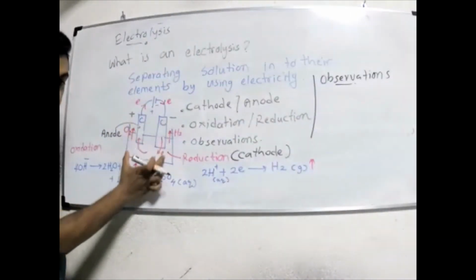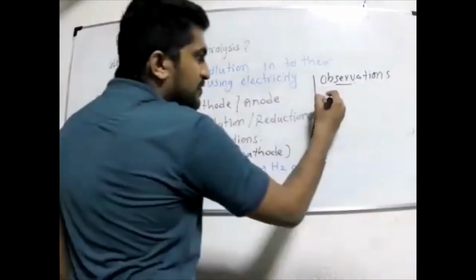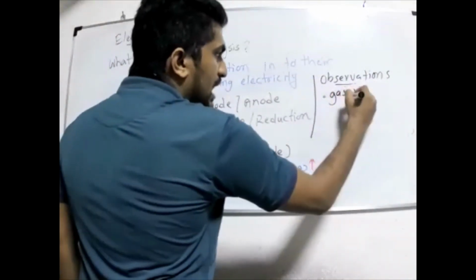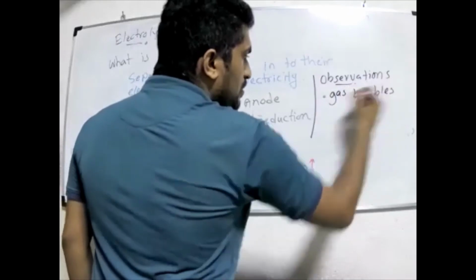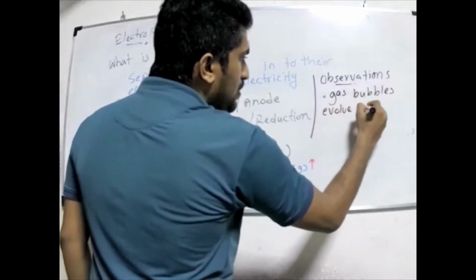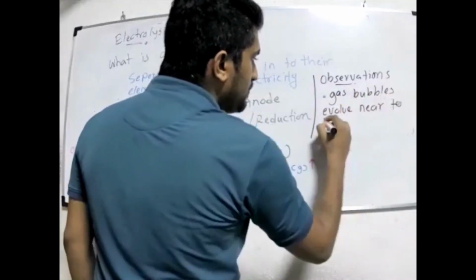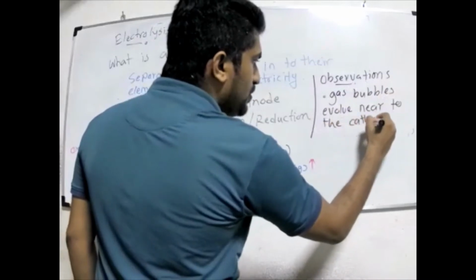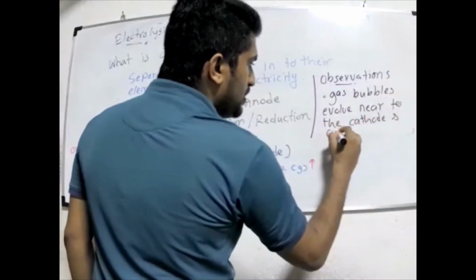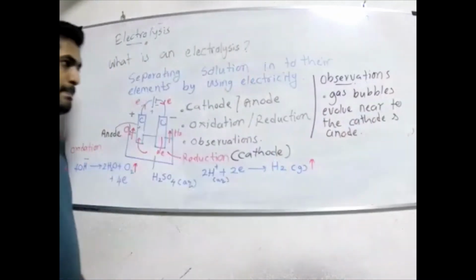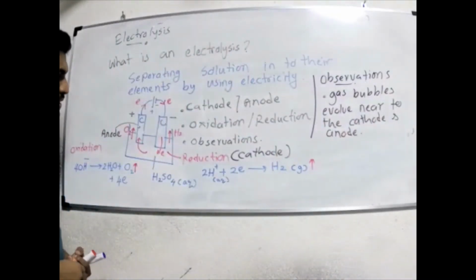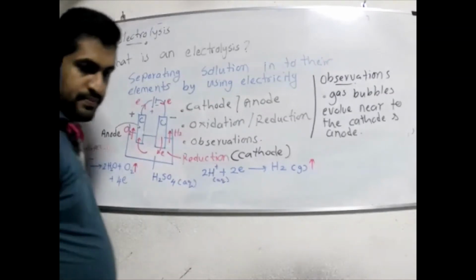That is the first observation, and the only observation. Gas bubbles evolve near the cathode and anode.